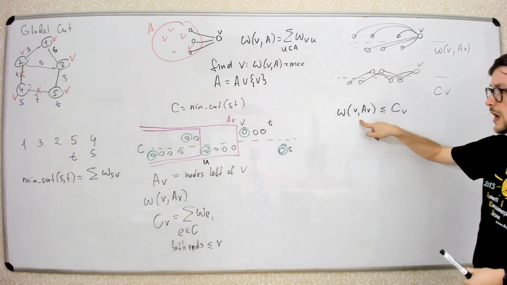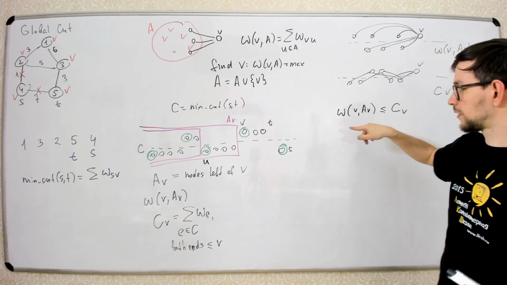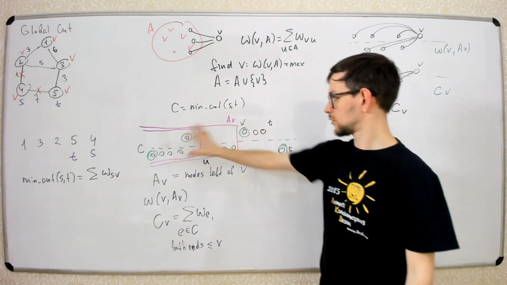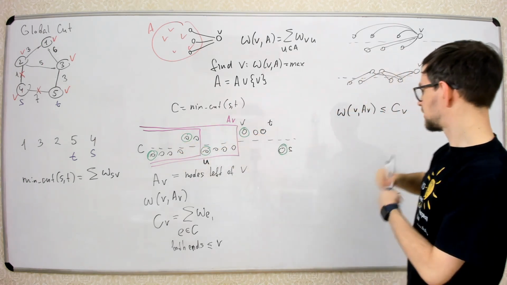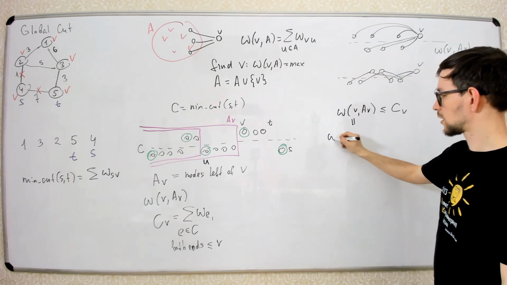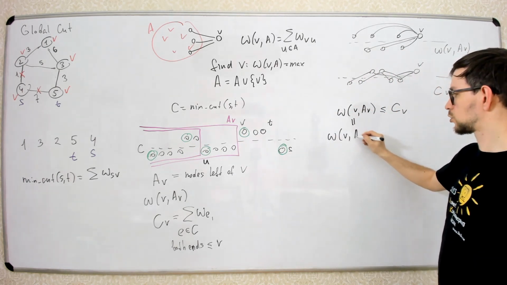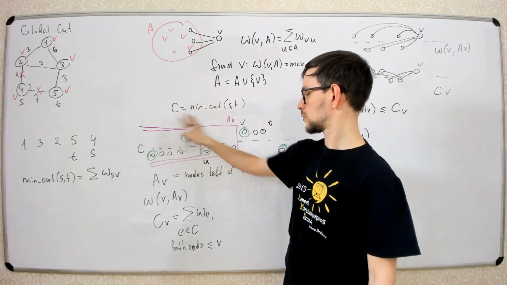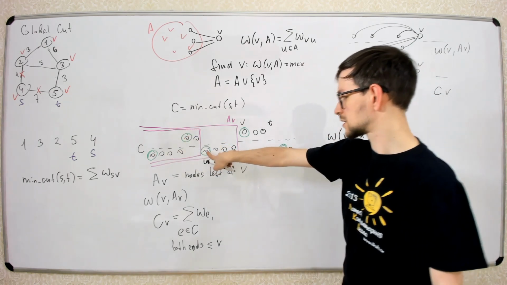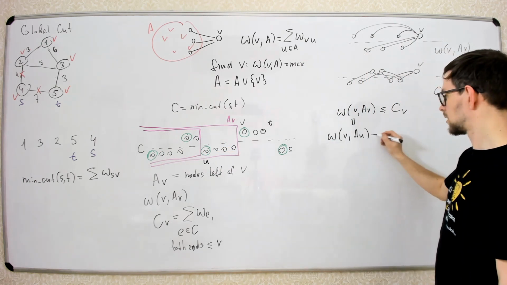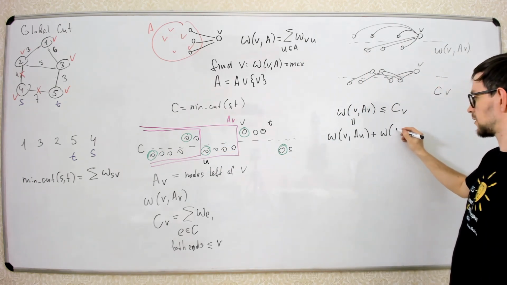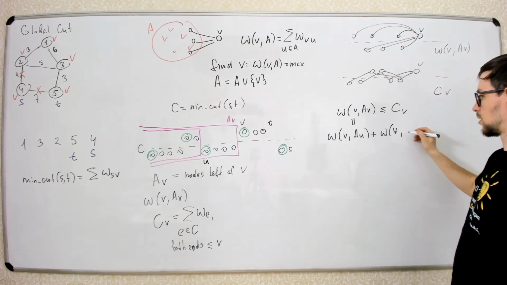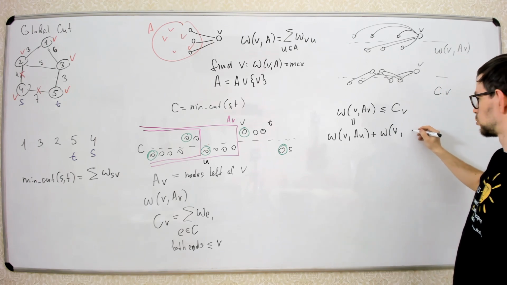Now I want to calculate the total weight of all the edges from V to everything to the left. Let's split it into two things: the weight of everything connected to A_U, so everything before U, plus the weight of everything from U to V minus 1.